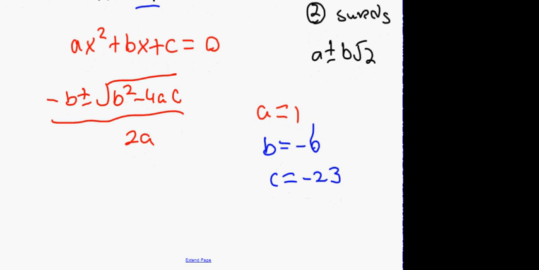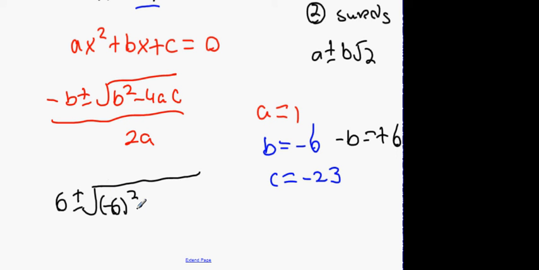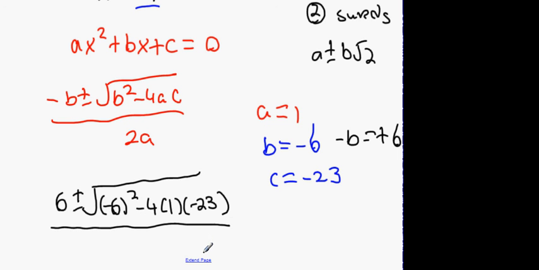Okay? Minus B is plus 6. Okay? 6 plus or minus the square root of. You've got to use brackets. If you don't use brackets, it goes wrong. Use brackets. So you're going to have minus 6 squared minus 4 times 1 times minus 23, all divided by 2a, which is going to be 2 times 1.